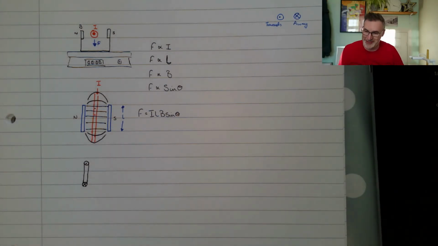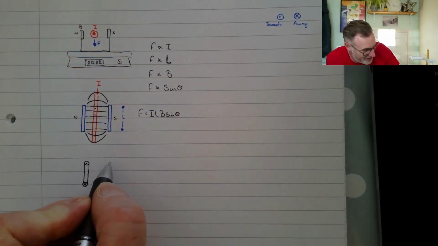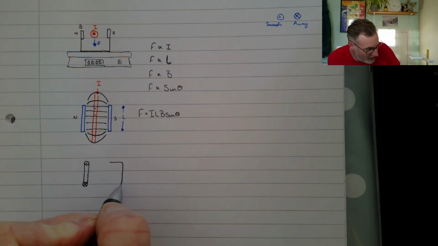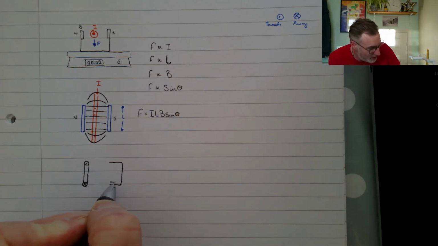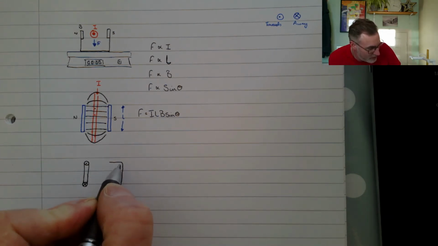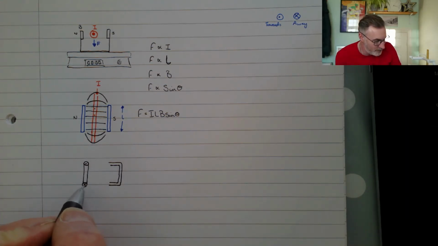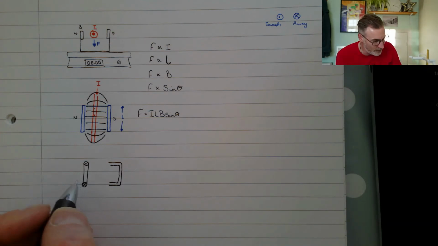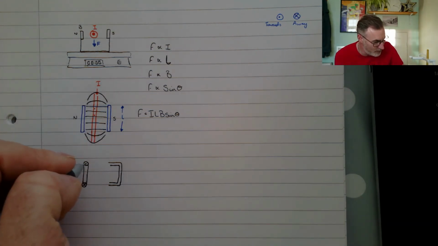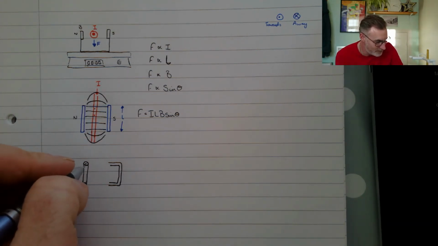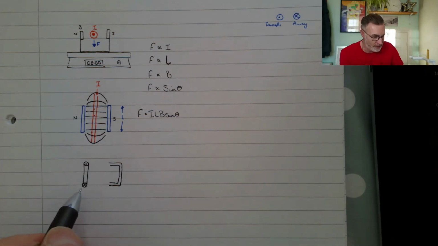This is much, much easier to actually show you in real life. So your wire is bent into a kind of U-shape. This would be a sort of side-on view. I've done that wrong, haven't I? Okay, no matter. Really, that should have been an X and this should have been a dot.